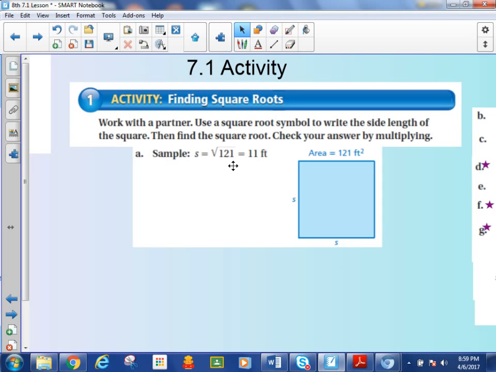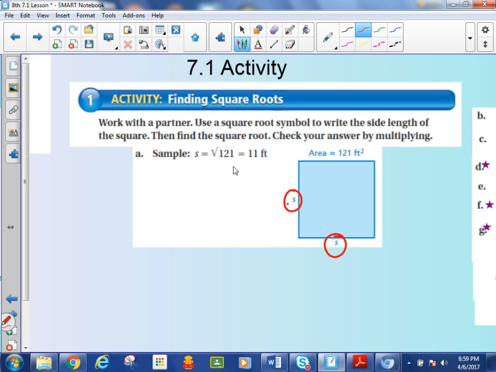Here it says sample. We've got S equals the square root of 121. S is representing our side length. Notice when we find the area of a square, we would do length times width or base times height.